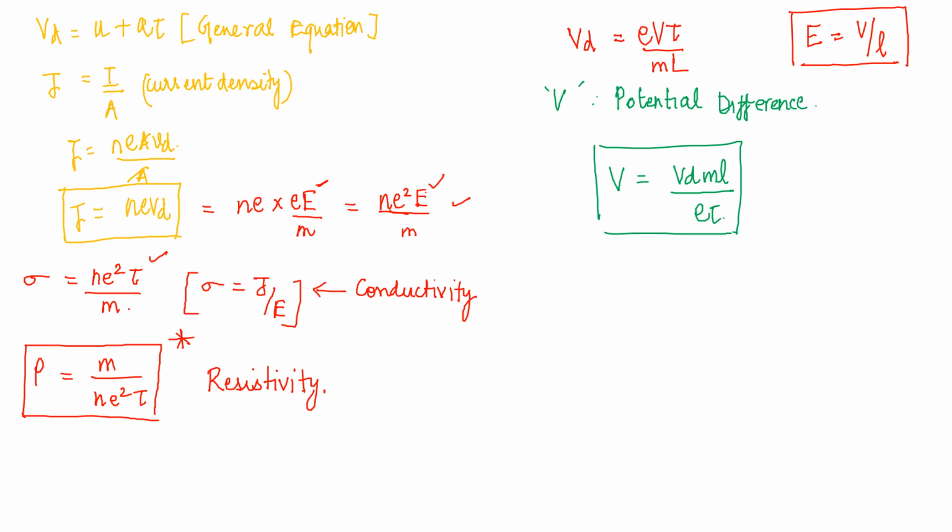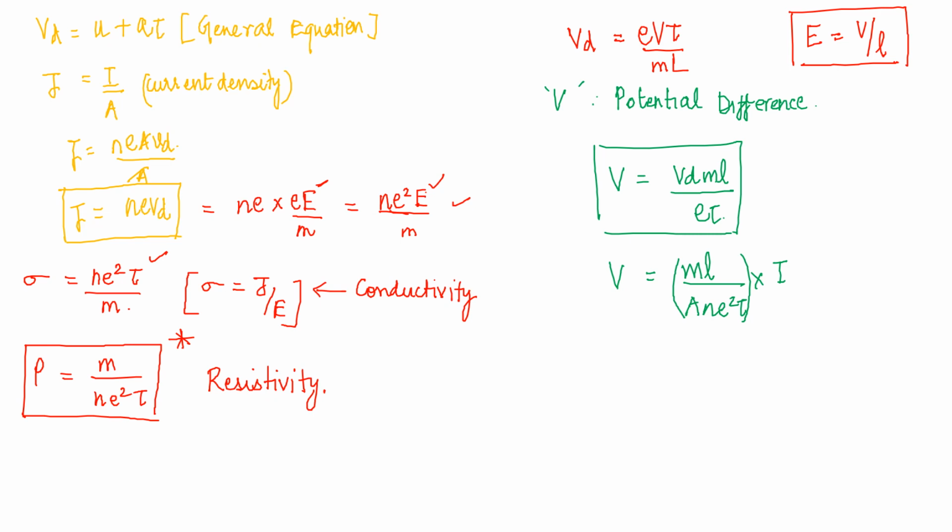And from here again we can find another new formula for V, that is mL upon area into n e square tau, the whole thing multiplied by I. Now where is it coming from?